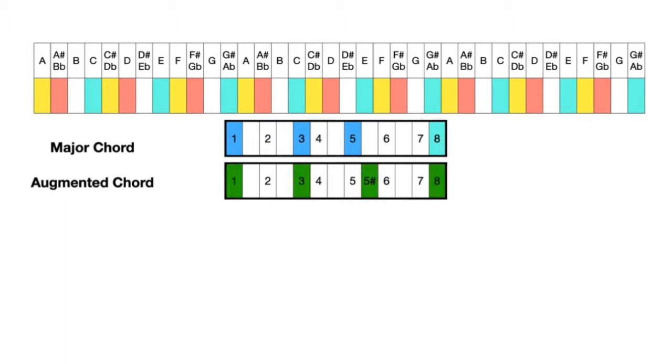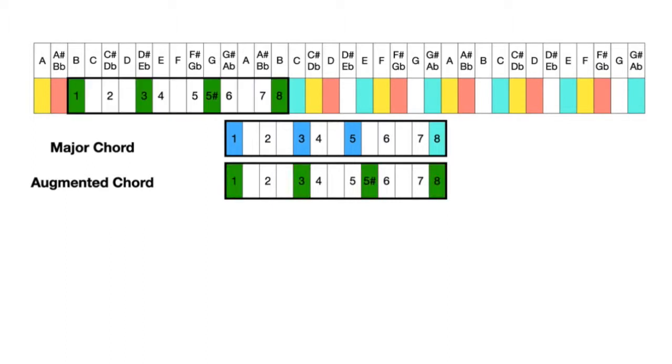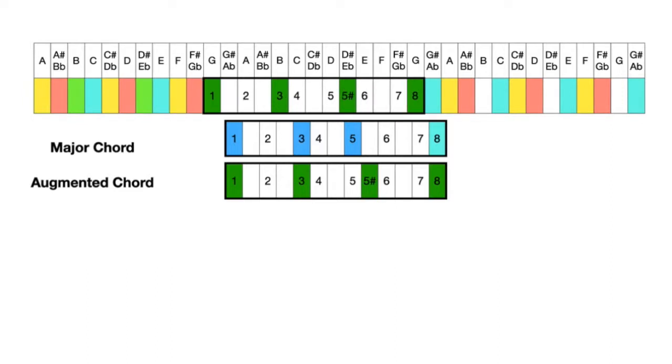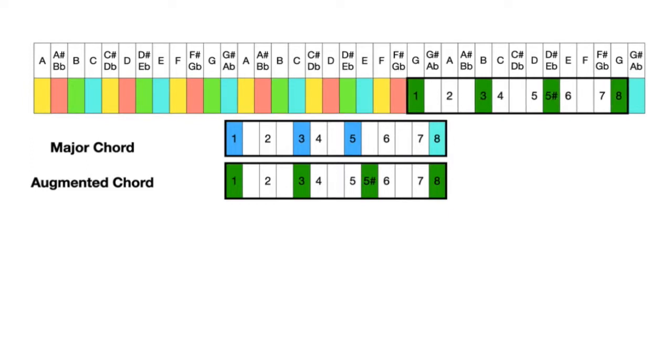And finally, B augmented, D sharp augmented, and G augmented are also all the same, consisting of the notes B, D sharp, and G. And then we've covered all options.